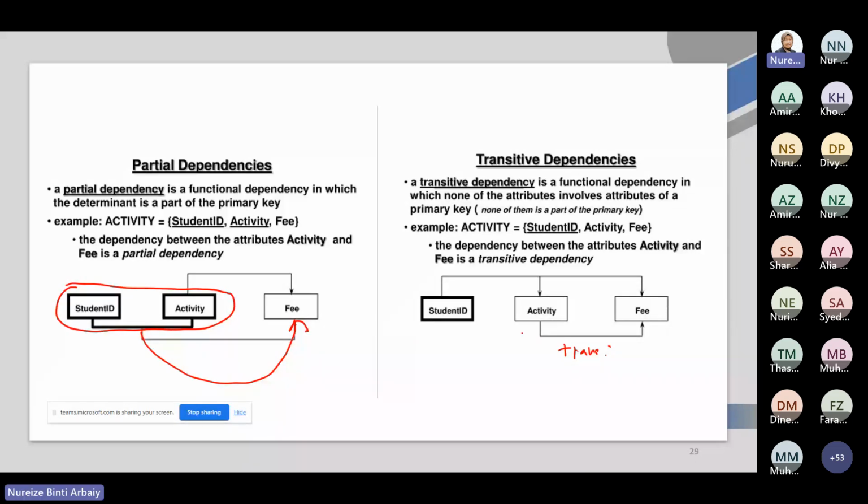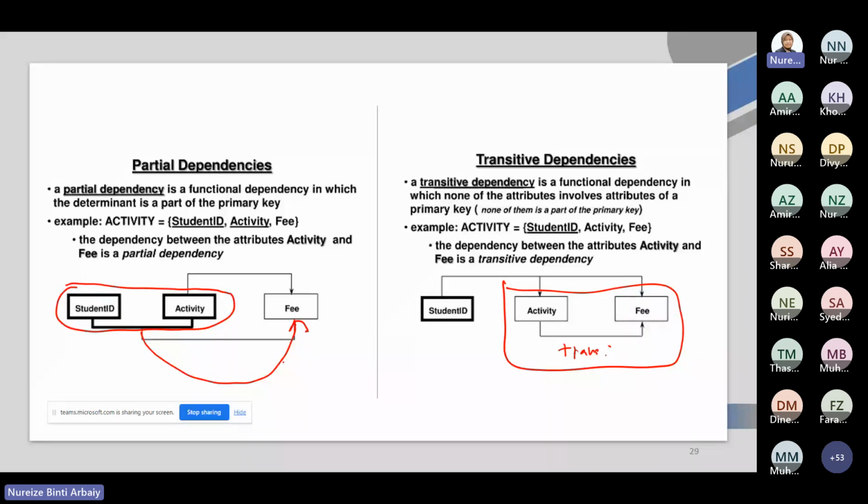But in another case, we just want to know the fee for the activity without relating to the student ID. So we use activity to identify the fee. So in this case, this is a transitive because activity alone is not a primary key. So there are two situations here.